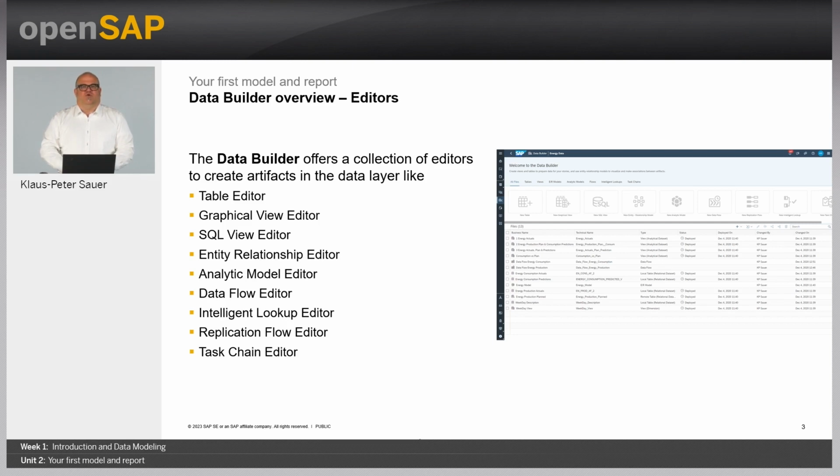The replication flow editor is relevant if you want to copy multiple datasets from the same source to the same target in a fast and easy way and do not require complex transformations. You can group multiple tasks into a task chain and then run them manually or periodically through a schedule which you can create. You will learn more about all of these different editors as the course goes on.